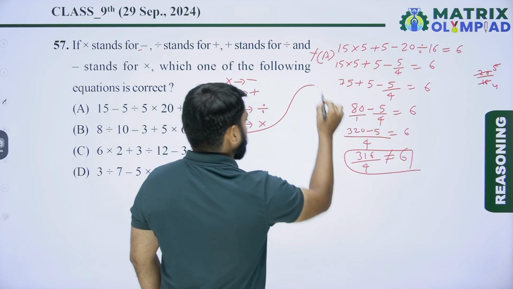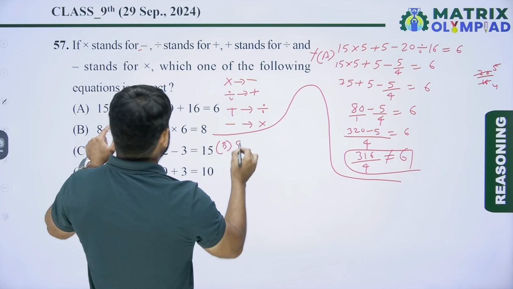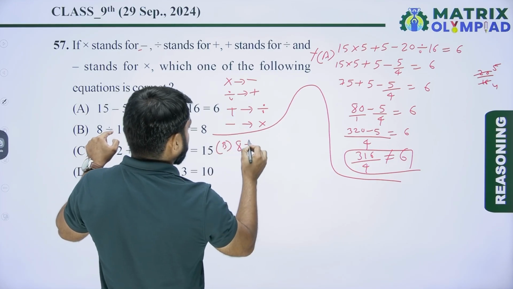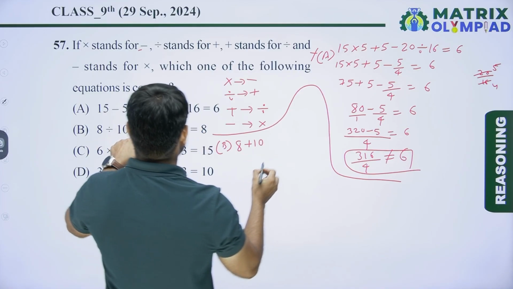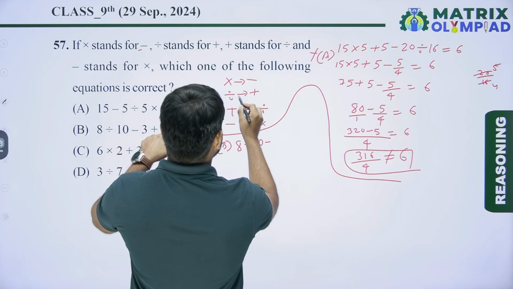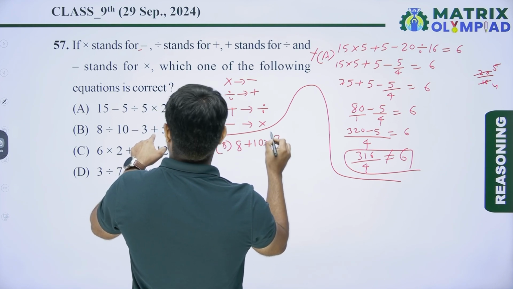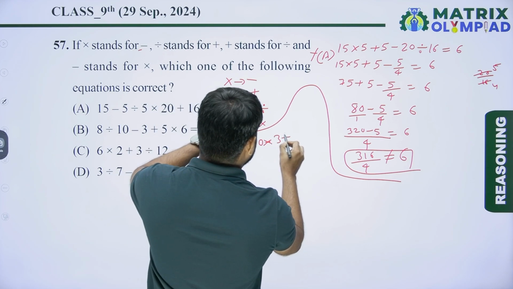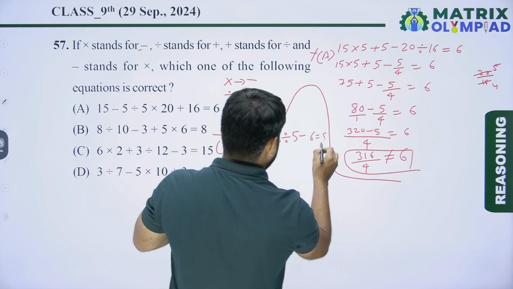Now taking option B. According to option B, 8 divided by means plus 10, minus means multiply by 3, plus means divide 5, multiply means minus 6 is equal to 8.